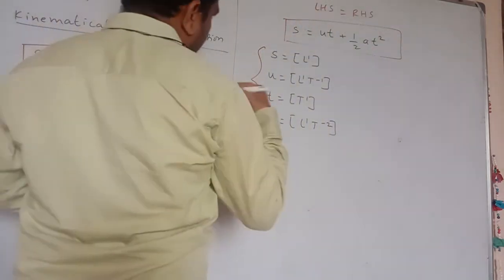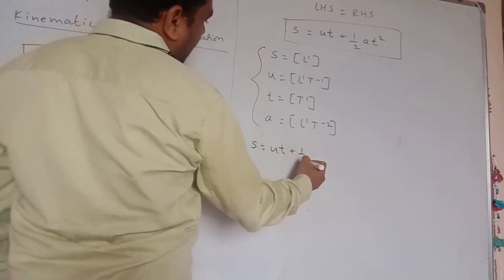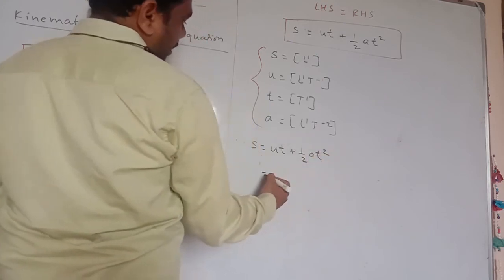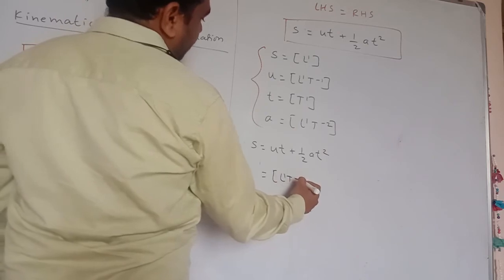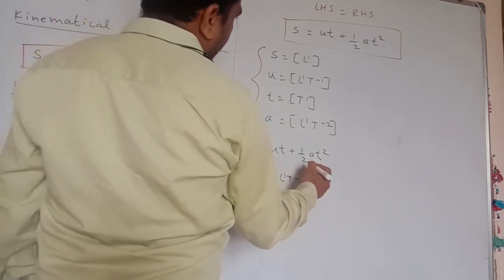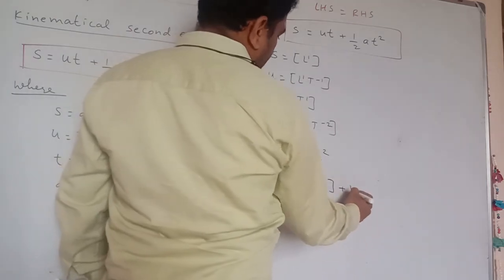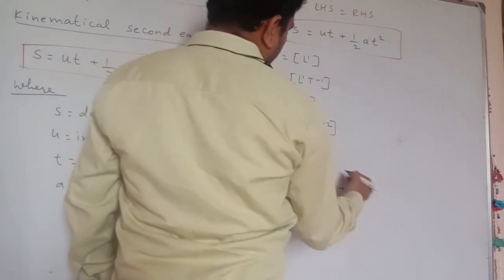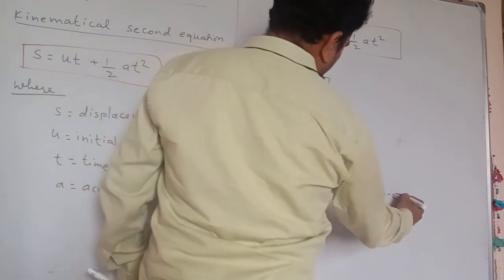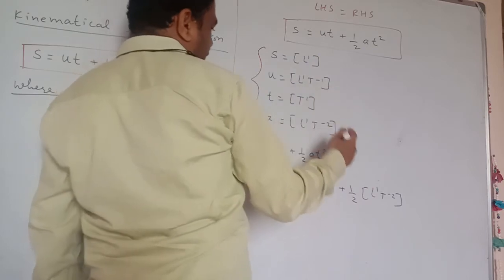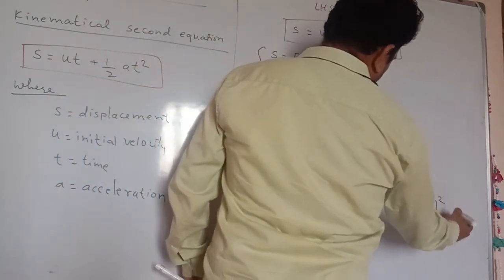So S is equal to ut plus half at square. U is L1 T minus 1, into t, which is T1, plus half a, where a is acceleration L1 T minus 2, into t square, that is T1 bracket square.